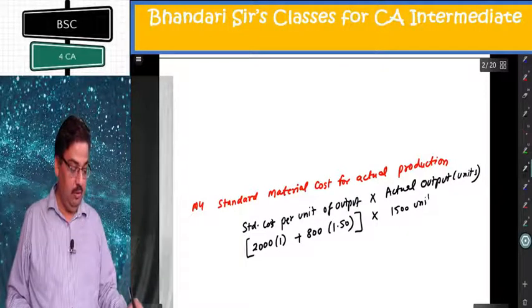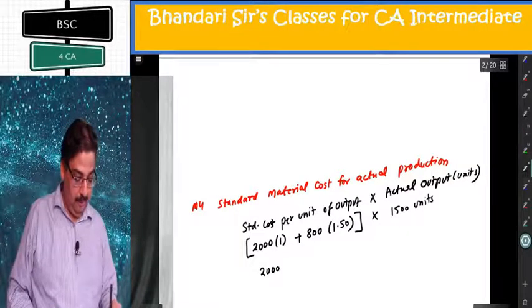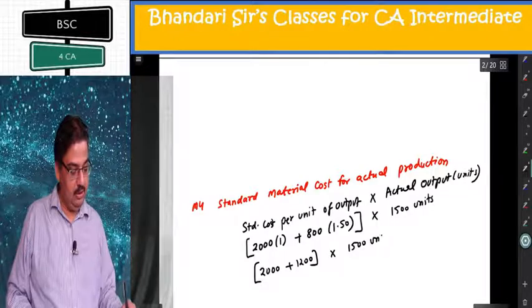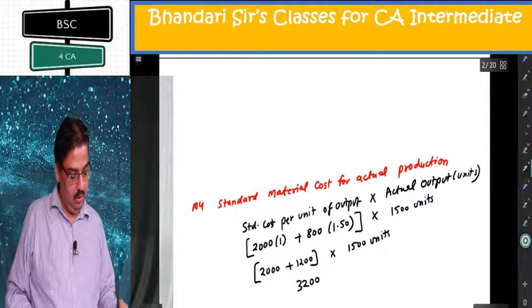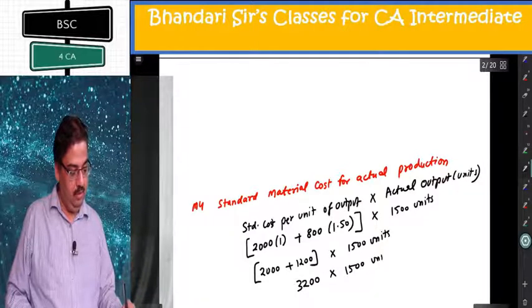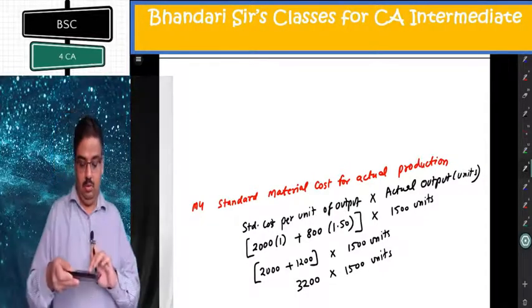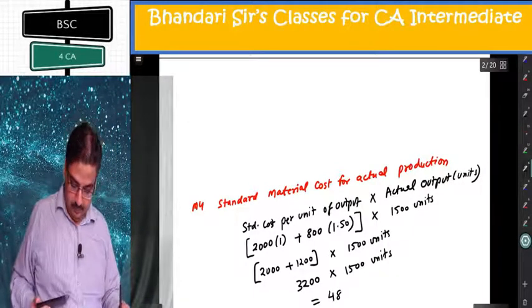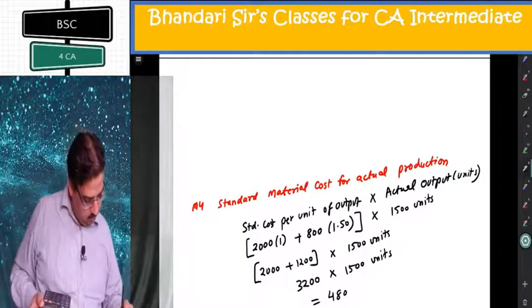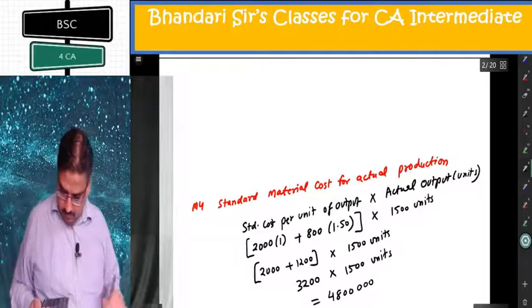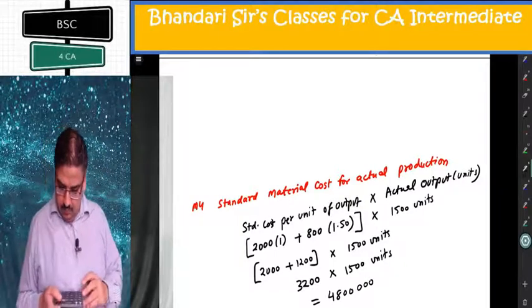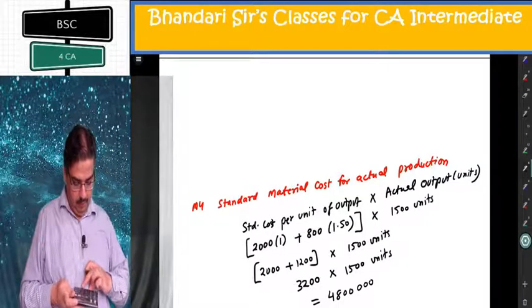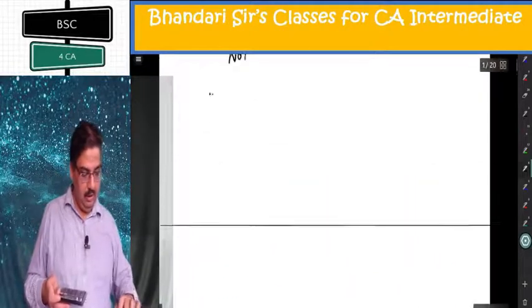So this is 2000 plus 1200, which is 3200, multiplied by 1500 units. 3200 into 1500 is rupees 48 lakh.